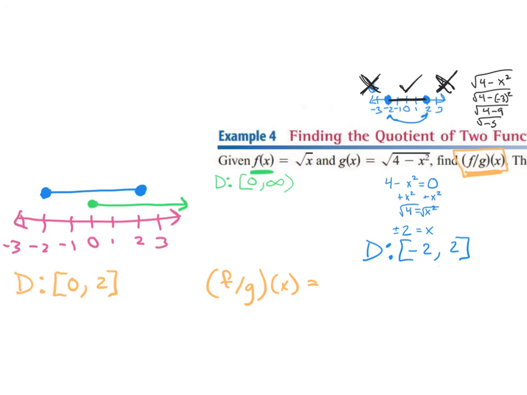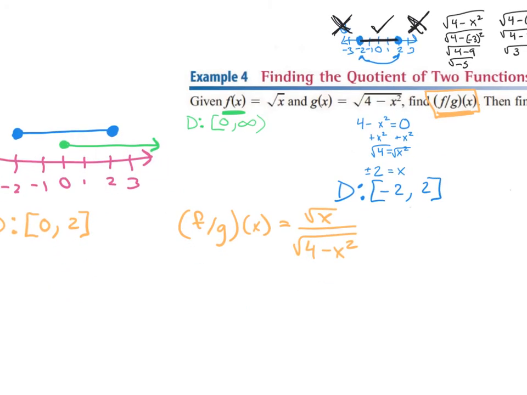We put f on top, so this is the square root of x over the square root of 4 minus x squared. So we know we cannot have a 0 on the bottom. So we need to figure out if we have a 0 on the bottom, is that part of our domain? And do we need to add that restriction as well?